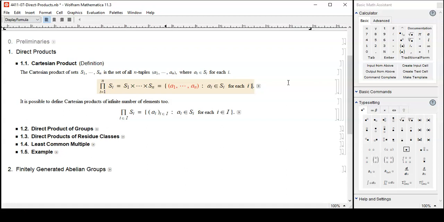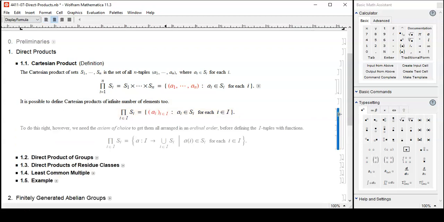By the way, you can extend this idea to infinite tuples as well, for an arbitrary index set capital I, which can be infinite. And to be a little bit more precise, you can define your function like this. But the index set capital I may not be well defined in some cases, so you'll have to use another axiom of set theory, the axiom of choice, so that they can be arranged in a good ordinal order.